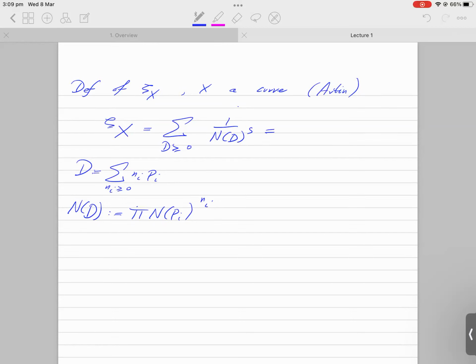And furthermore, we have an Euler product expansion for this sum. And that again comes from the fact that these N(P) are multiplying correctly.